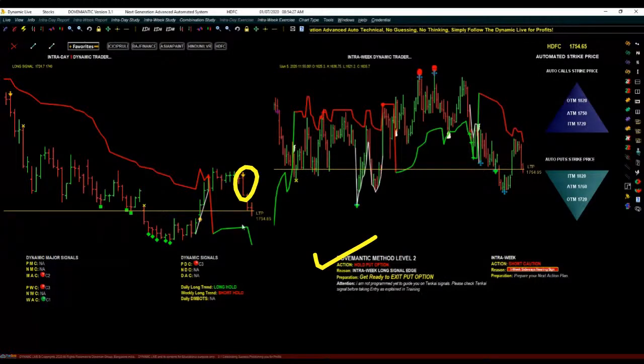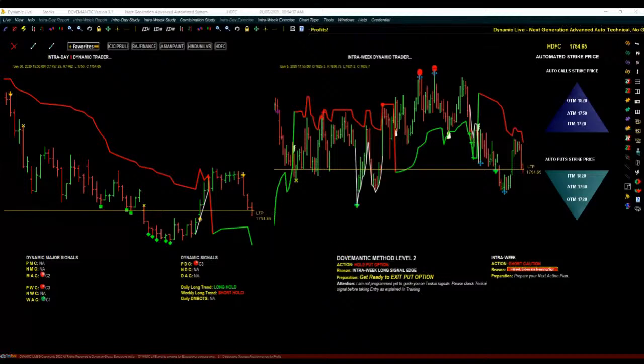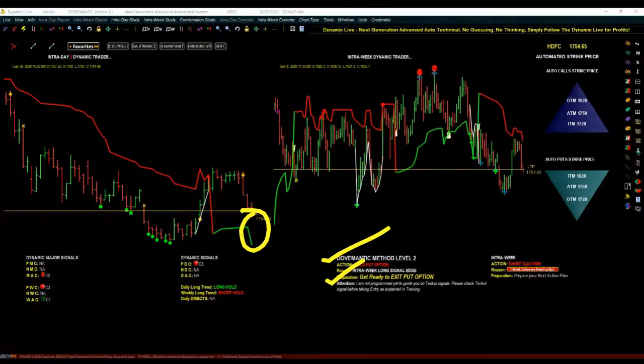And then as the price started coming down, there seems to be an intraday 3 long signal edge point preparation. So once it confirms now, watch it closely from 9:15 to 9:30. If this long signal edge point confirms, then it is going to ask you to exit the put option. Anyways, the preparation has also been telling us get ready to exit put option, so be prepared there. So this is about HDFC.